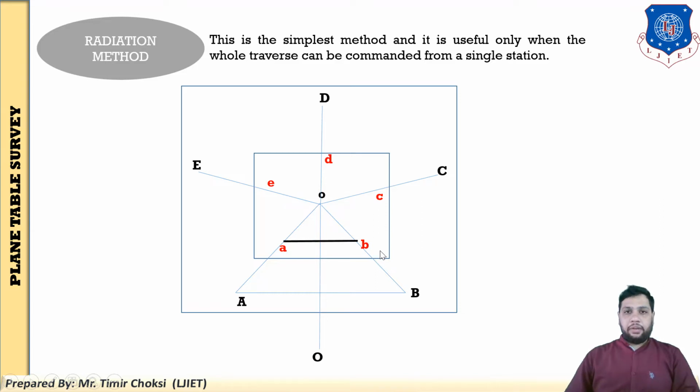So this is the accuracy check. Similarly, you measure the distances B to C, C to D, D to E and E to A, and complete the closed traverse using the radiation method.